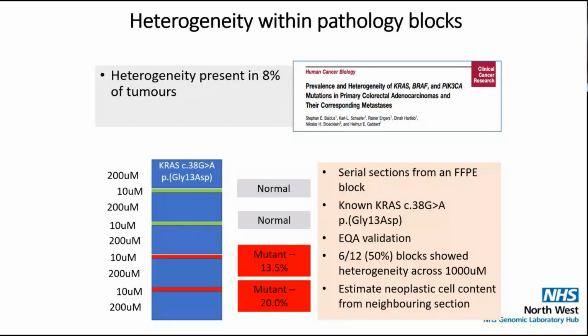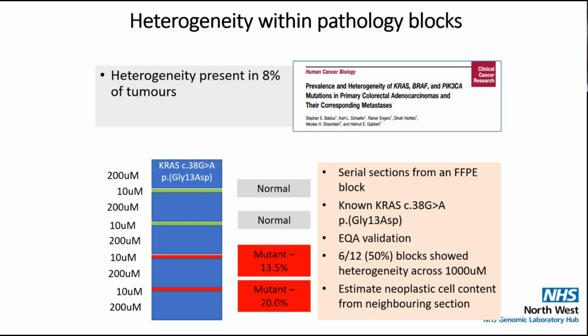We're all very aware of heterogeneity within pathology blocks and within tumours. This was an interesting study that came out of an EQA validation process, where they took 12 sections across a 1,000 micrometer block. It was a block which was known to have a KRAS mutation.